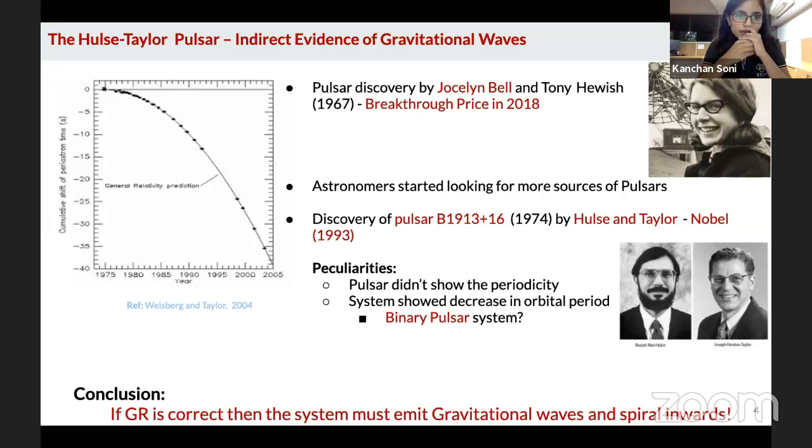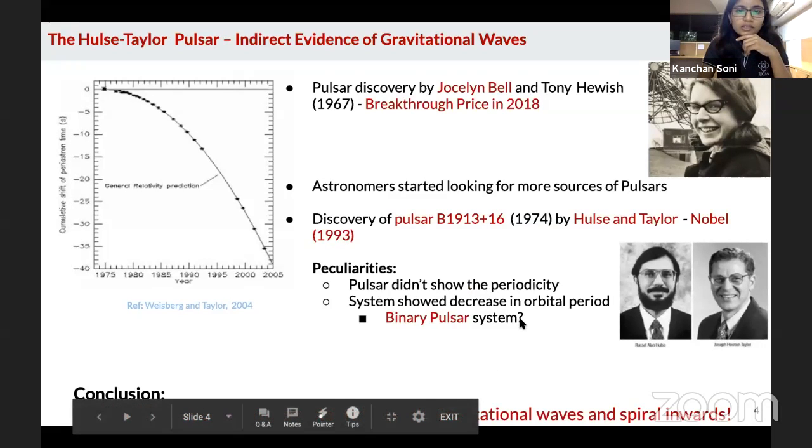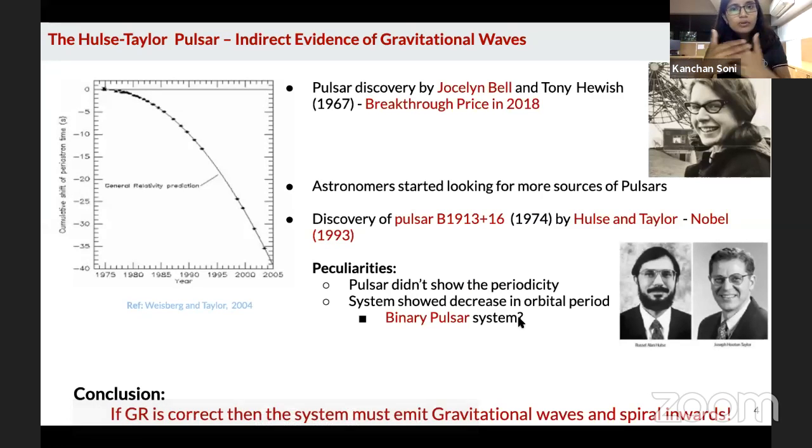Now, what was the peculiar behavior they were showing? They took a survey for approximately 10 years. And in this survey, they found that the pulsar didn't show the expected periodicity. If we talk about pulsars, there is a periodicity in their nature. But this particular system didn't show the periodicity in its result.